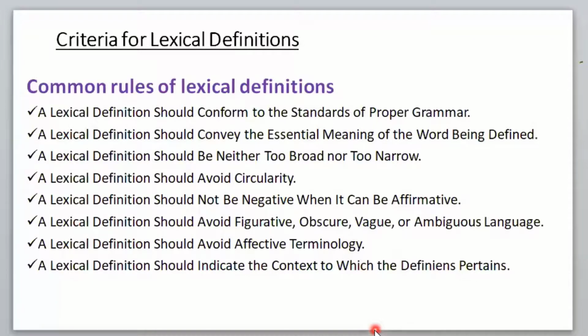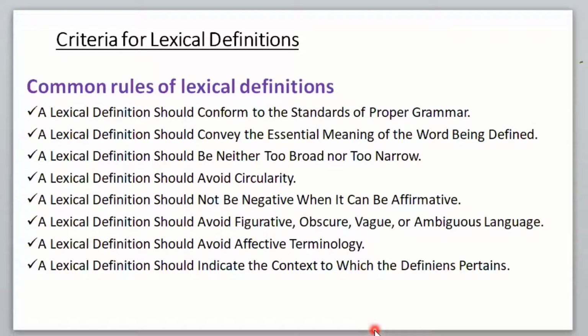Okay, now let's see our last topic, that is lexical definition. The reason why we need to discuss this type of definition, lexical definition, is that we use this definition in academia, as I have told you. So understanding this lexical definition is very important for our teaching and learning process.